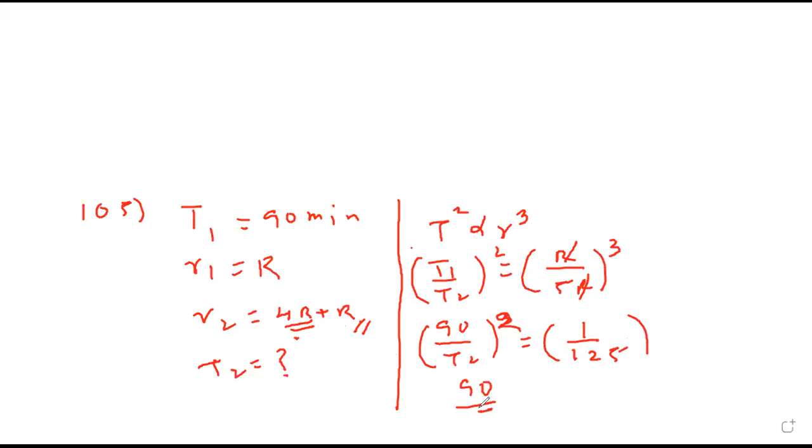So 90 upon T2 is 1 upon root of 125. So T2 will become 90 into 5 root 5, 90 into 5 is 450 into root 5.